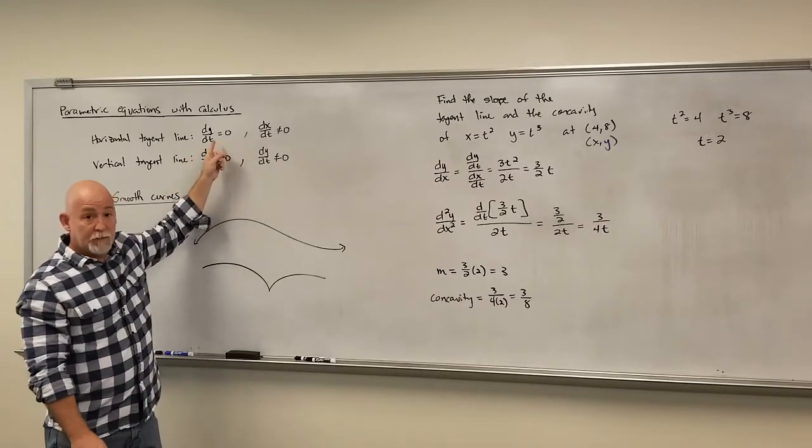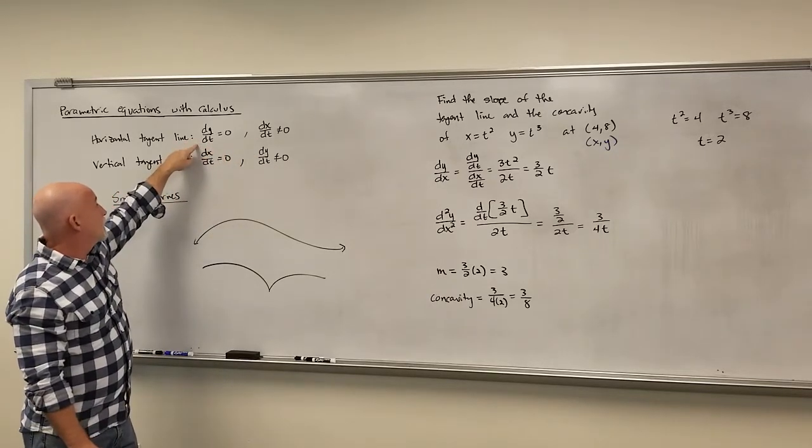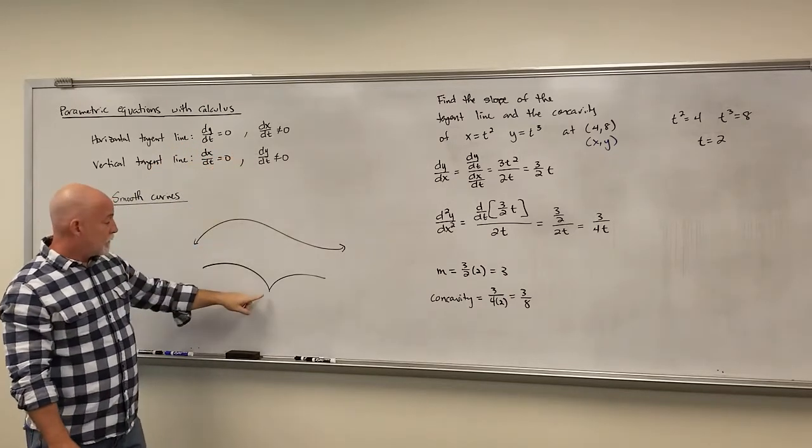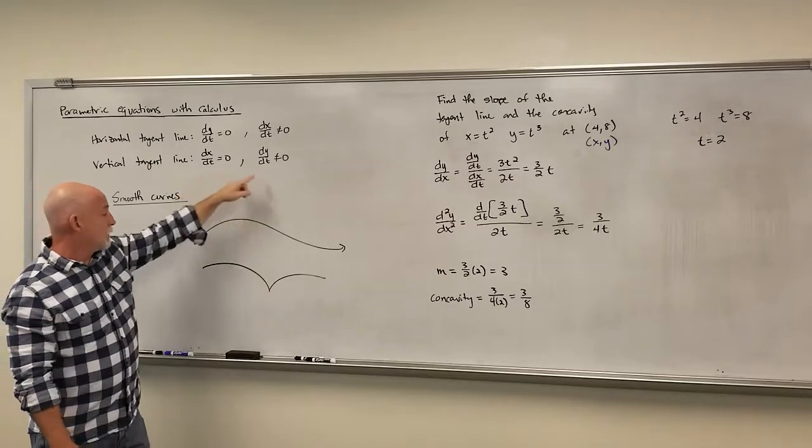So that's why we have this up here. It'll have a horizontal tangent line when the change in y is 0, but the change in x is not, right? Because if they're both 0, you get a sharp point. And the same thing the other way around.